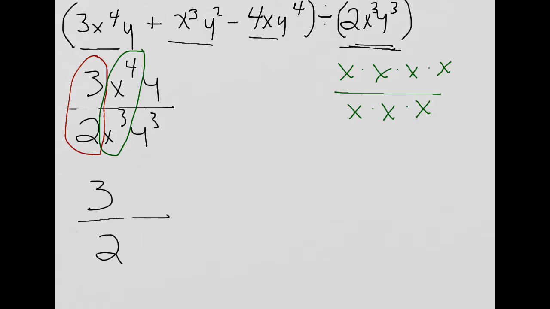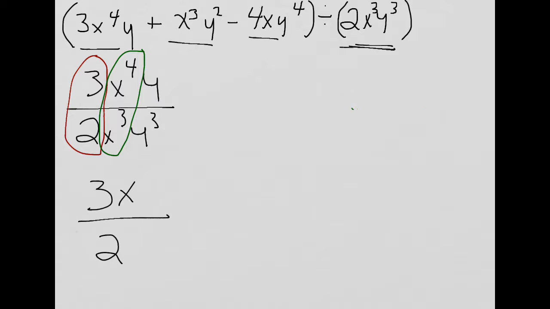So I'm going to divide the top and the bottom by x^3, but really what I'm doing is canceling out those 3, so 3 on the top and 3 on the bottom. What that leaves me with is x^1 on the top, and so I am going to leave that up top there.